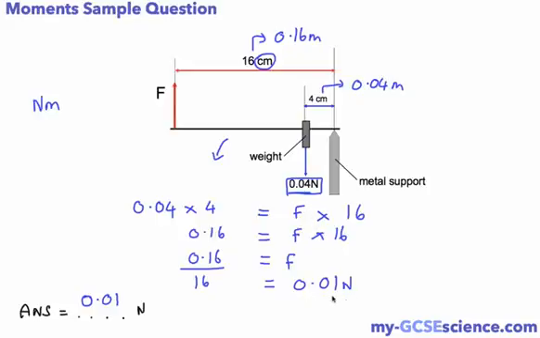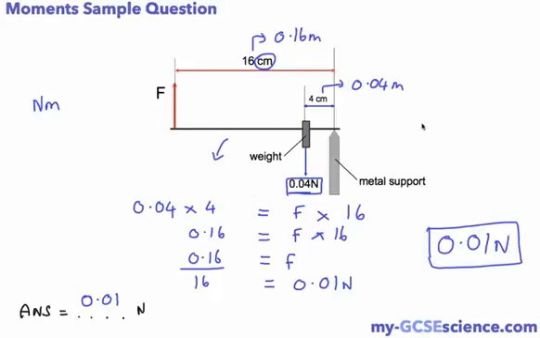In actual fact, this is the correct answer for this question. But as I say, you might be concerned about this conversion of units, but if you go ahead and try it with these figures instead of the figures I've used, you'll find you'll get exactly the same answer of 0.01 newton.